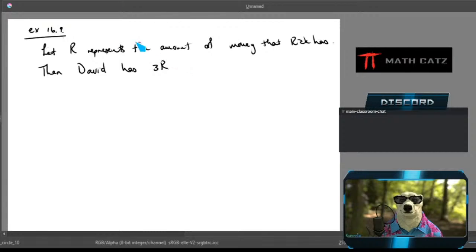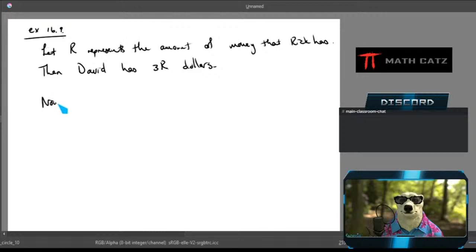So I can use the variable that I defined to write an algebraic expression to represent the other unknown quantity. Let's say here dollars, I suppose. And it's always going to be a little bit more convenient for me, if I can get away with just one variable, I'm going to try and do that. It's not always possible, but for our level of questions, it's almost always. Okay, so that was step 1.